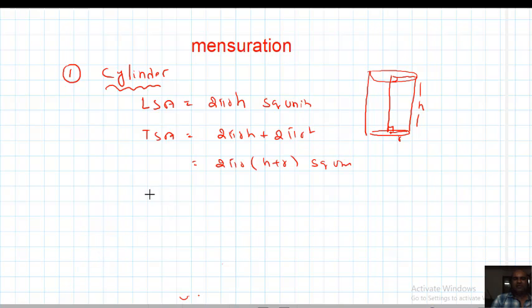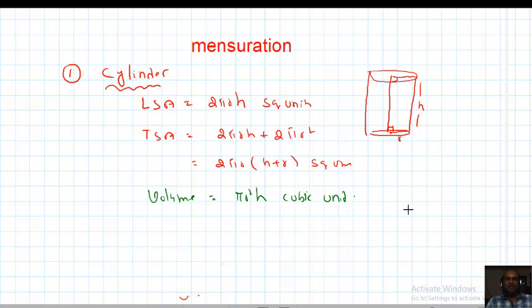Sometimes I want to find volume. Volume is equal to base area into height: pi r square h cubic units. Okay, this is about a general cylinder.